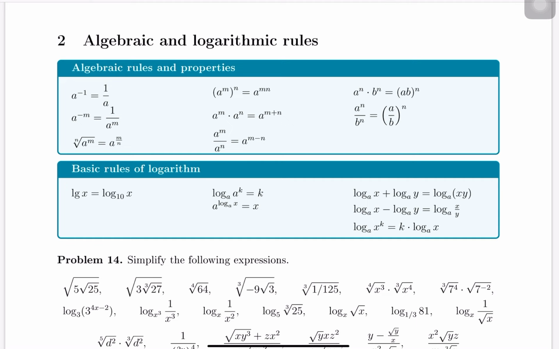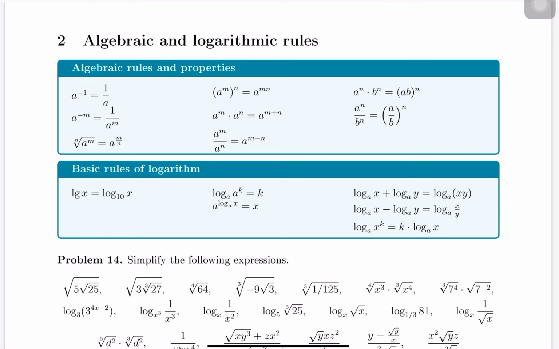In the radical situation, the power of the number must always be on top, and the radical index must be at the bottom. If you have the same base and the powers m and n are divided by each other, because the bases are equal, I have to subtract the powers, m minus n.